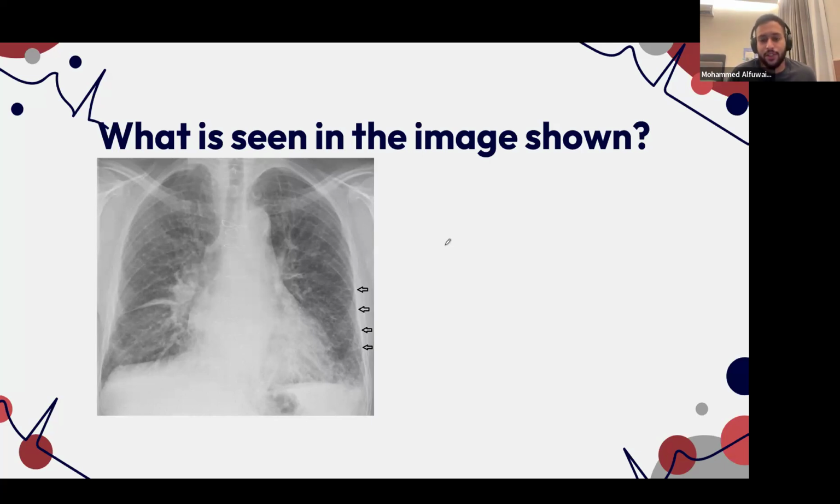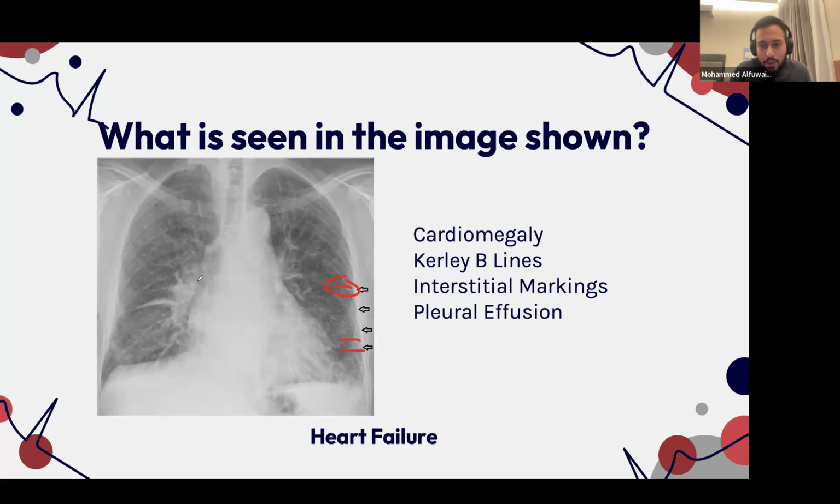But there is a very specific sign of heart failure that you can see on chest X-ray: these linear lines. You can see a line over here, a line over here, a line over here. This is what we call Kerley B lines. Other findings: cardiomegaly, obviously more in the previous image, these Kerley B lines, reticular nodular interstitial markings all over, and a moderate pleural effusion in this patient.